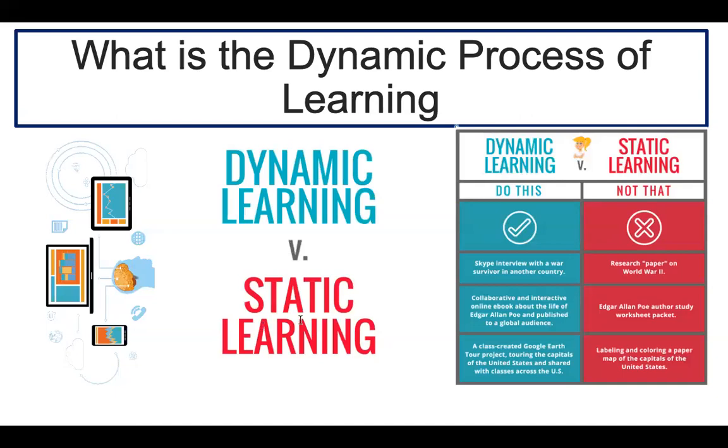But we want something beyond all these traditional and static things. We want something related to the latest technology with the latest activities. We need collaboration with technology to get more engaging, interactive content to make students more productive.